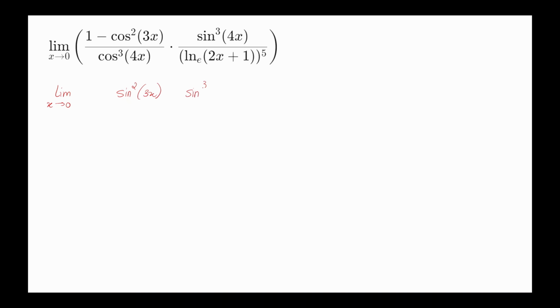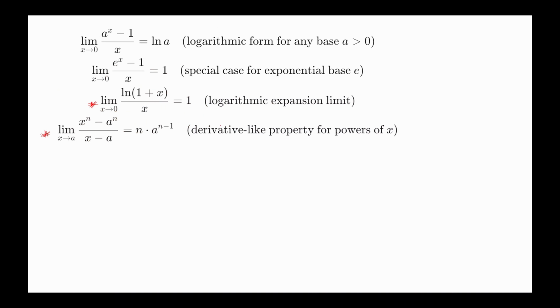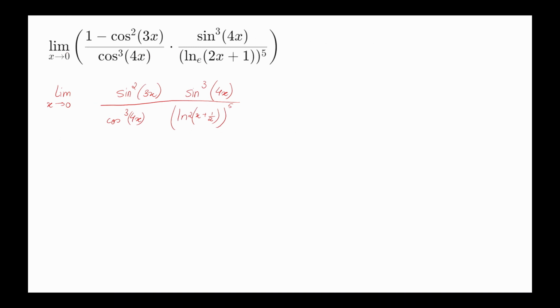We have sine cube of 4x whole divided by cos cube 4x into ln of 2x plus 1, to the power 5. I'll let it be 2x plus 1 only.